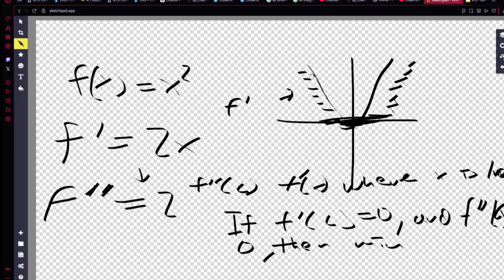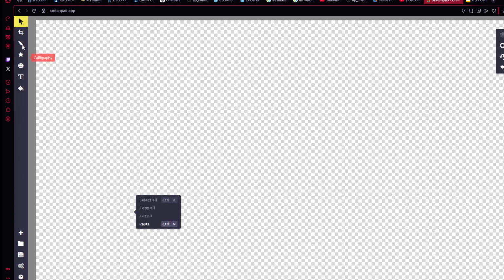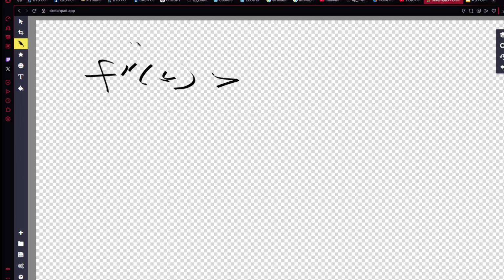So we know that for it to go from negative to positive, which as we know is a local minima, f double prime of c is positive, greater than 0, and we also label that as concave up. So the logic is as follows, and I'll just write it down. If f prime of c is equal to 0, we'll have two conditions here.